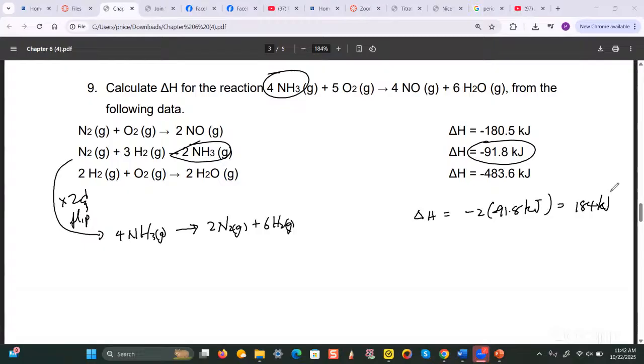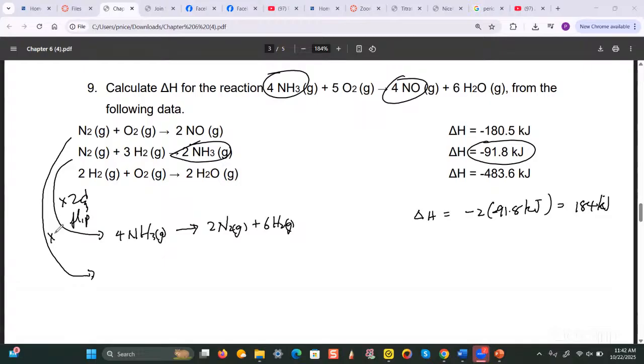All right. Okay. What next? Now that we have multiplied that by 2, what would be your next step? Let me give you another hint. The first equation would need to be multiplied by 2.